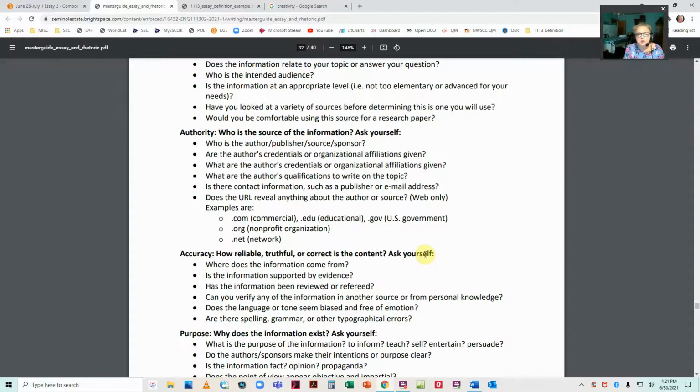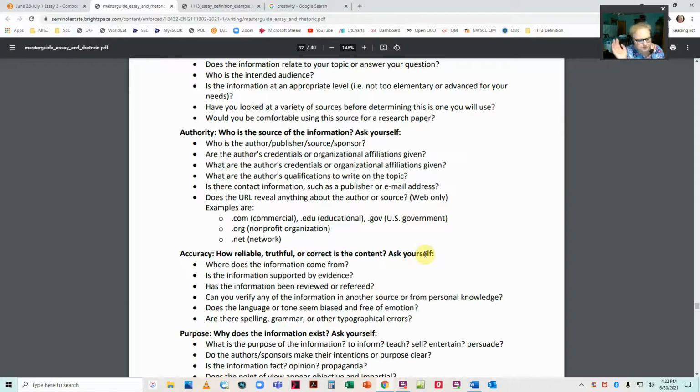And definitely we need to look at who is putting this information up on the website, if it's a website. You also need to find out what are the author's credentials or the organization's affiliations, right? What are their credentials in being able to talk about this, right? Just because, again, somebody has got a good looking site up about leadership or about whatever you're talking about, that doesn't mean that they actually have any credibility to talk.